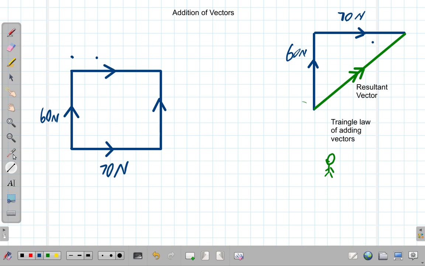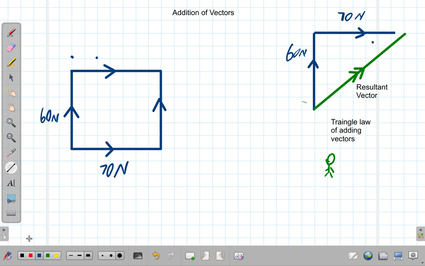So remember, this 70 Newton is the same vector. This vector for 60 Newton is the same vector. What you do now is draw a diagonal in such a way that the diagonal is projected from where both vectors leave and then ends up where both vectors end.